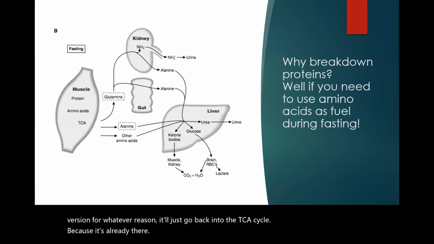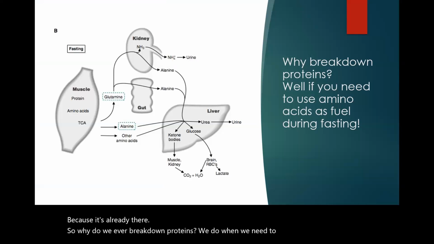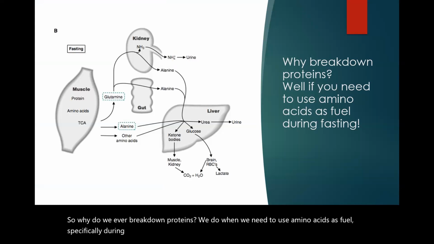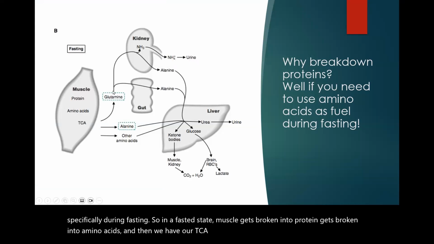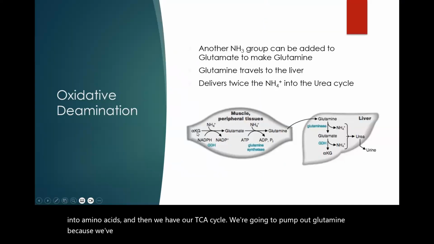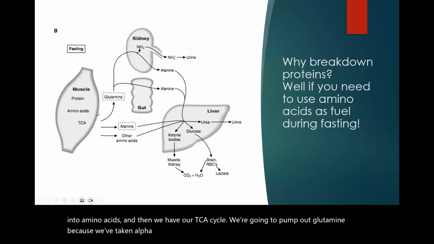So why do we ever break down proteins? We do when we need to use amino acids as fuel, specifically during fasting. So in a fasted state, muscle gets broken down into amino acids, and then we have our TCA cycle. We're going to pump out glutamine because we've taken alpha ketoglutarate and converted it into glutamate and then glutamine.